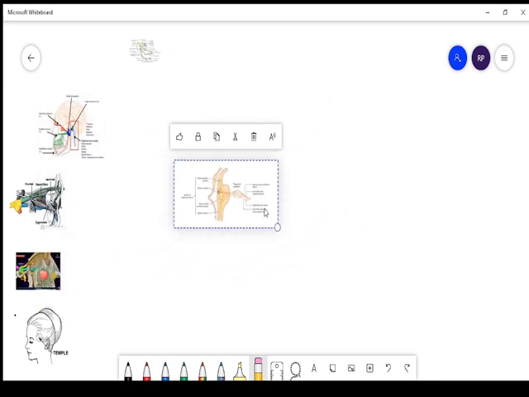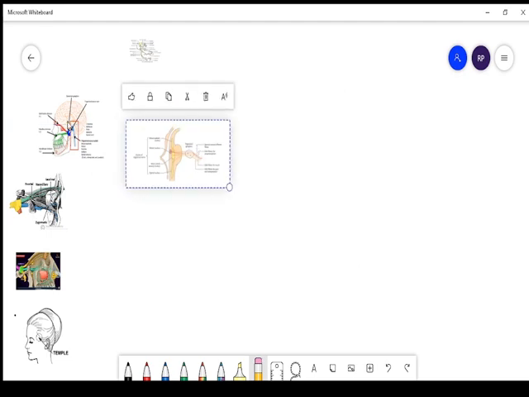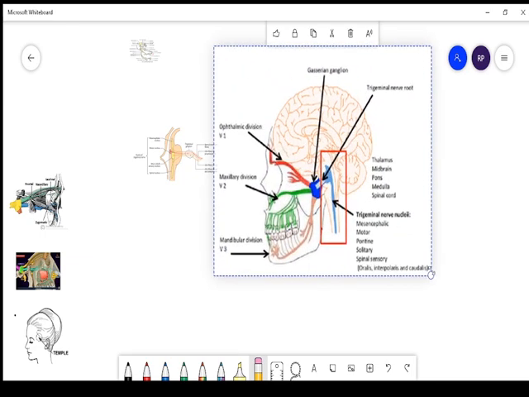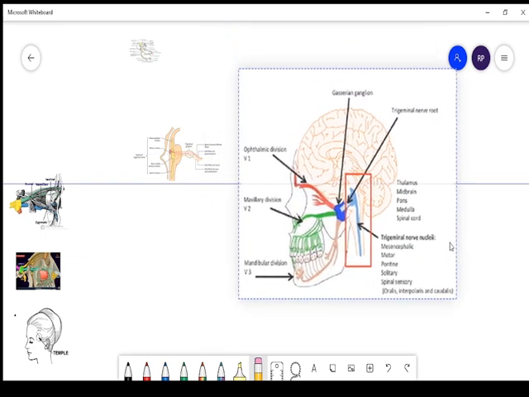Now you will see the divisions of the trigeminal nerve: divisions, pathways, and the distribution.